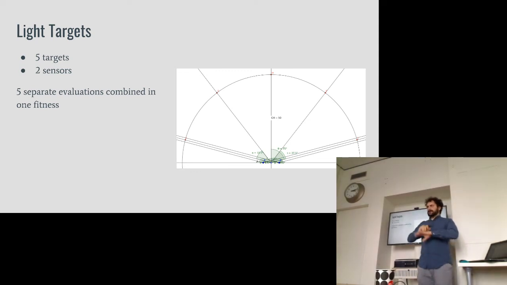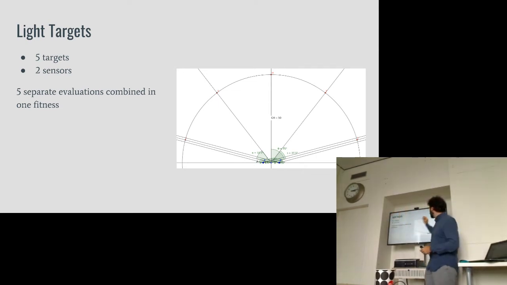Now, this is generally how it works, and how did we do the phototaxis part? Remember, we want this robot to walk in a specific direction. We want a target, and the robot should walk to the target. How we did it was place the robot, place some targets, make the robot move around, and at the end see how good it was at reaching that target. Then move the target to another place and test again.